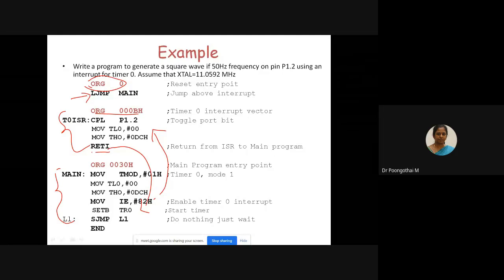Here in the given example, we have to generate a 50 Hertz square wave on pin P1.2. So use timer 0 in mode 1.